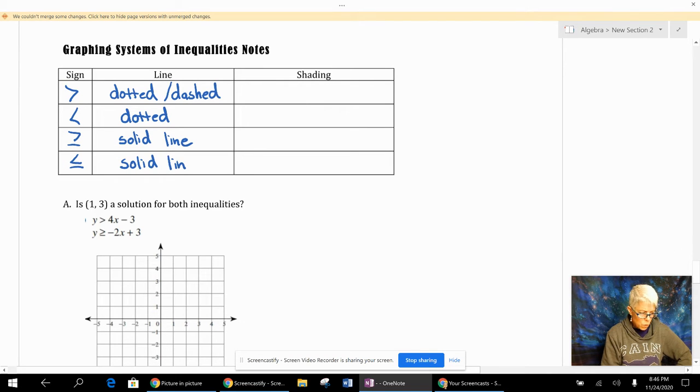Greater than, you're going to shade above it. Less than, you're going to shade below. Greater than or equal to, you're going to shade above.